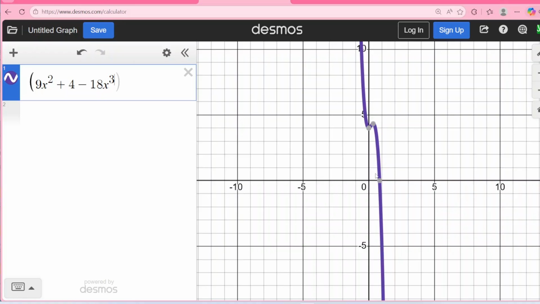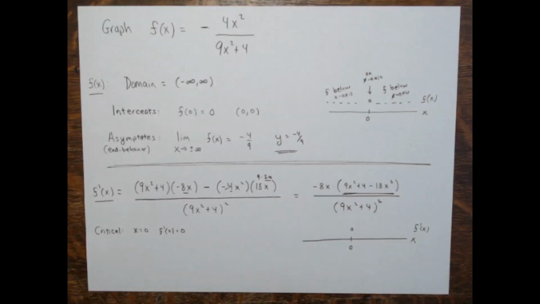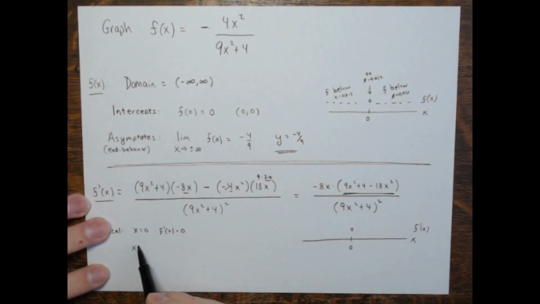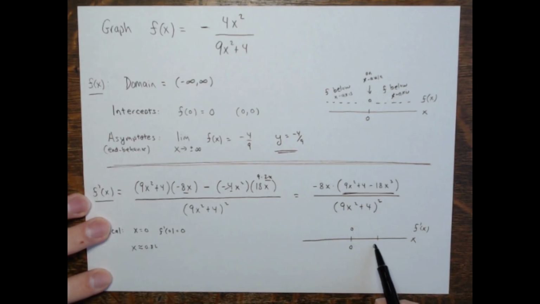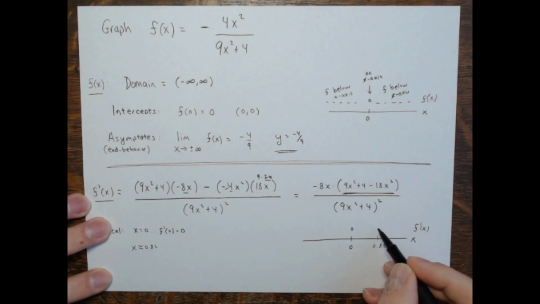So yeah, that's equal to 0 at this value. That's not very nice. But it is equal to 0 at about 0.82. So x is approximately 0.82. I got this 0.82 value for that 0.